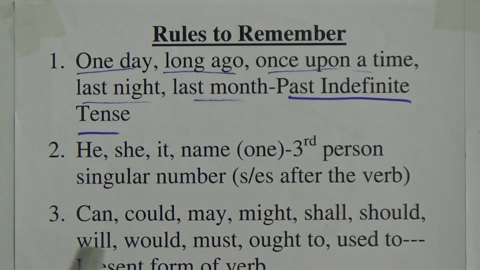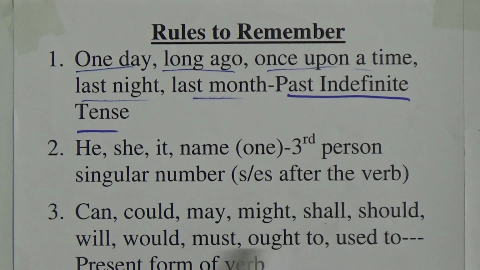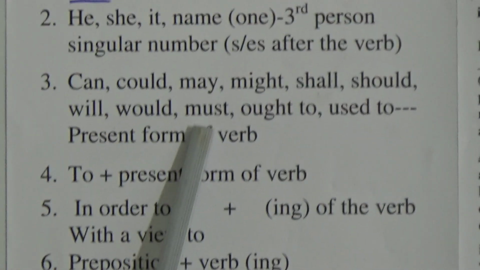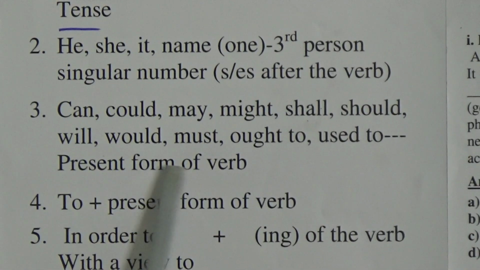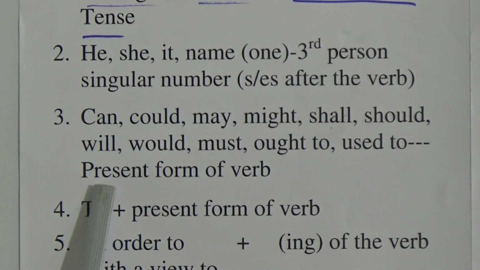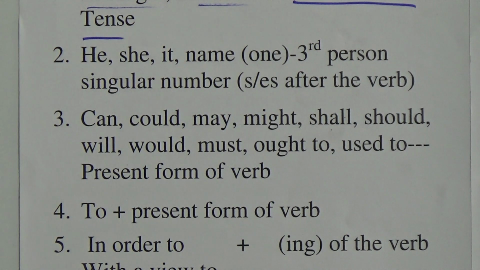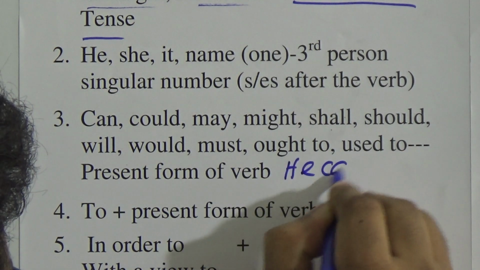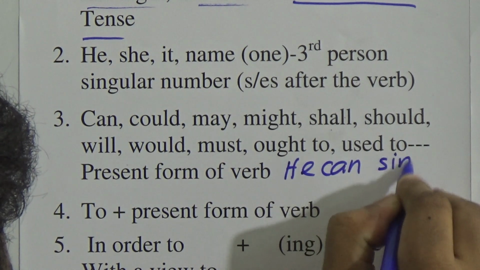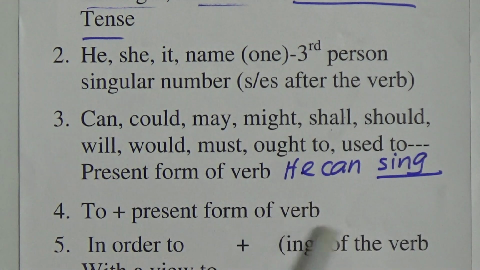Number 3, can, could, may, might, shall, should, will, would, must, ought to, used to. After these verbs, we will always use the base form of verb. Okay, what is the base form of verb? If I say he can sing, so base form or present form of verb, this is the same thing.